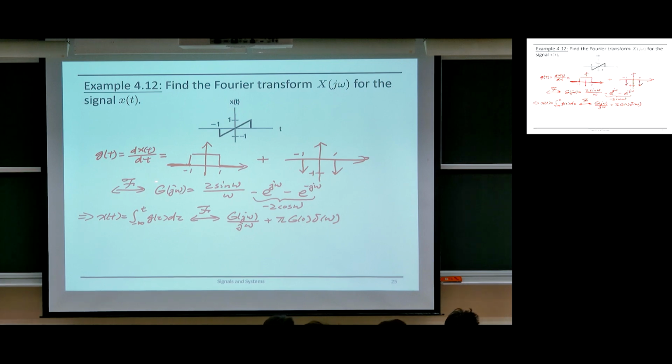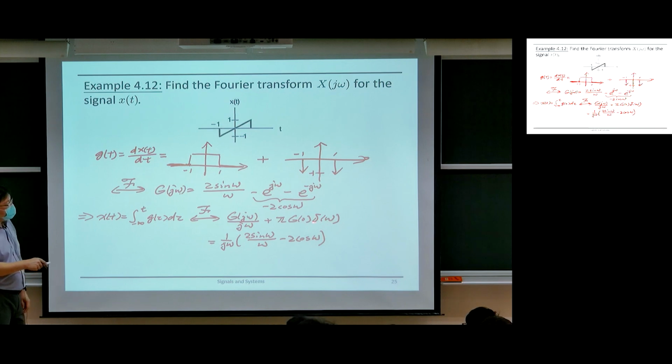Then I just take this g of j omega, plug this inside, and this will give me one over j omega times 2 sine omega over omega minus 2 cosine omega.